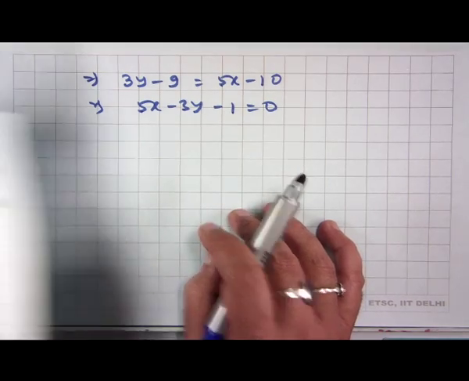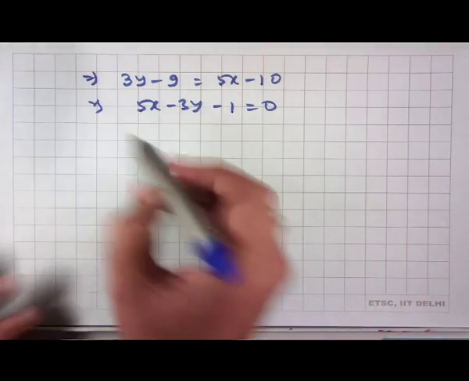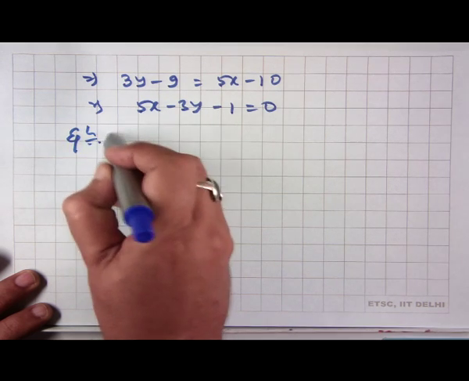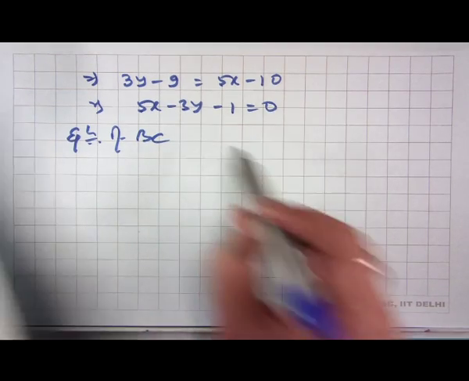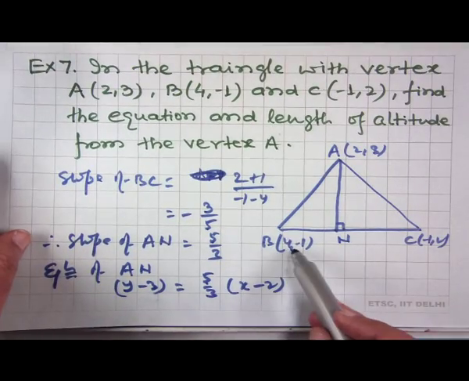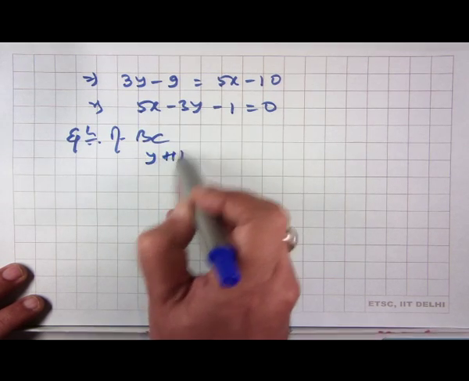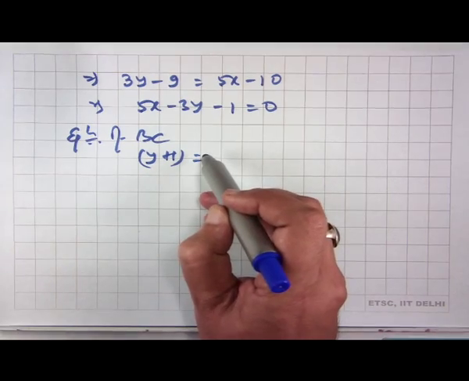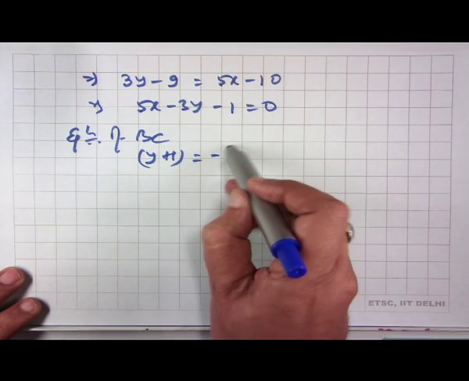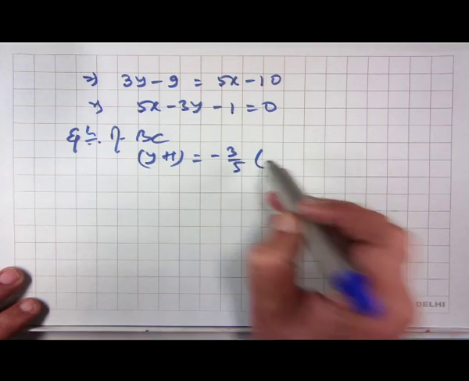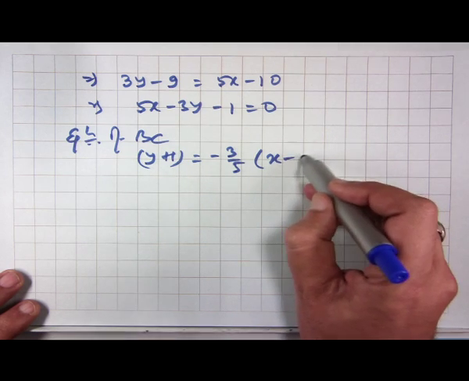Now we have to find the length of this altitude AN. So the equation of BC: just consider one point, that is B(4, −1). So y + 1 equal to the slope of BC, which is −3/5, times (x − 4).